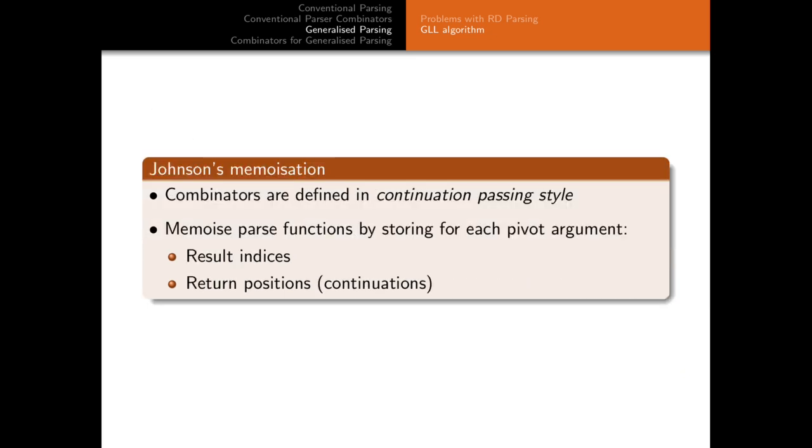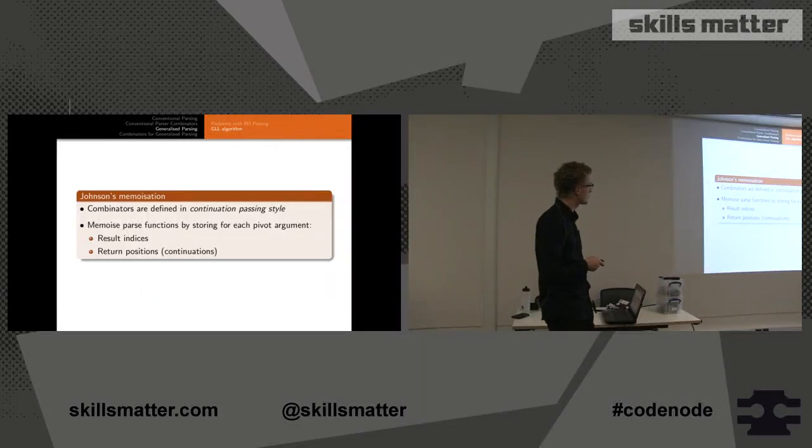So Johnson's memoization, the first idea is that we use continuation parsing style. So where previously in our combinator definitions we just return a pivot, which is possibly updated, now we have as an additional argument the continuation, which is just another parse function, which we will apply to our new pivot. So instead of returning, we will apply the continuation to our result.